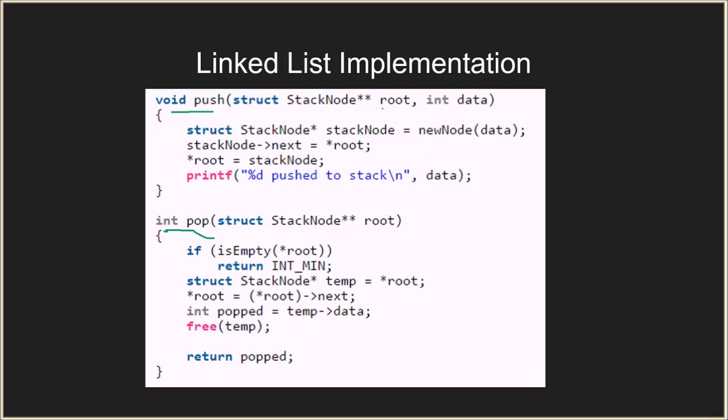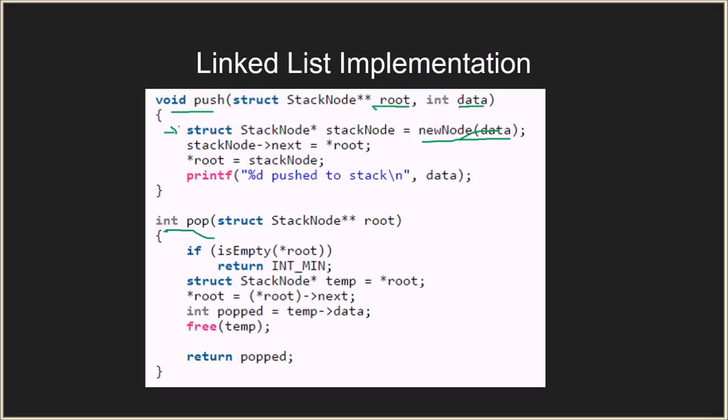So you have a double pointer to the root because we'll need to modify the root here, and then we have the data part. To push the element, which is the data, we create a new node by passing in the data to the function which we discussed. Then it returns the node to us.